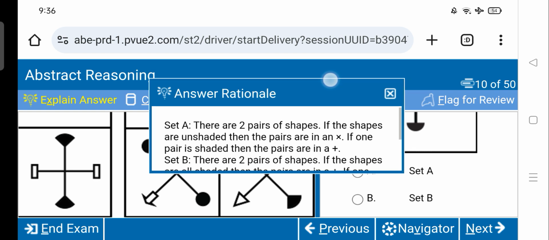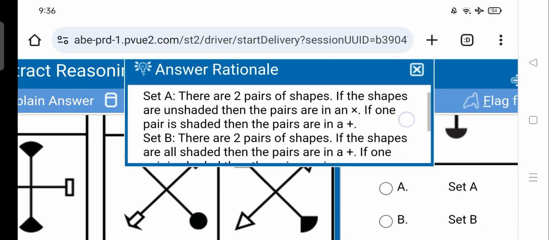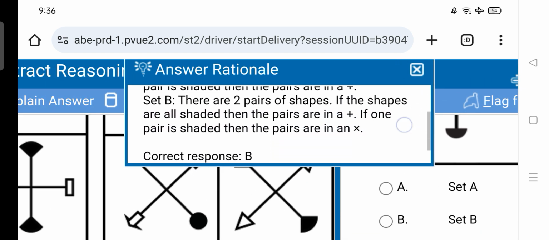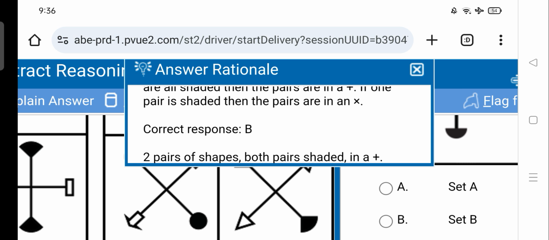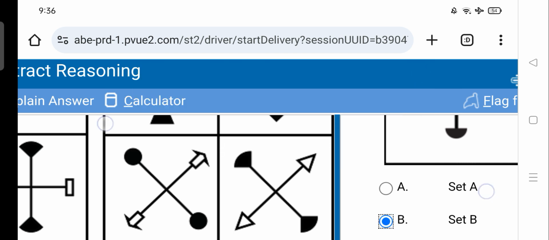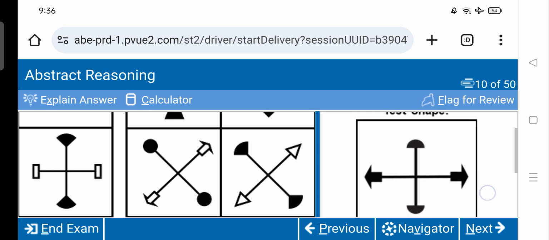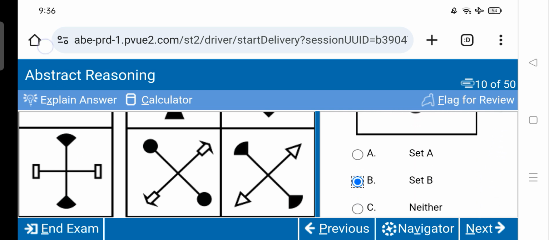Then we have these rules again, which you can read here. And then the correct response is option B, as two pairs of shapes, both shaded in an addition form. That's why it's B, this test shape belongs to set B.